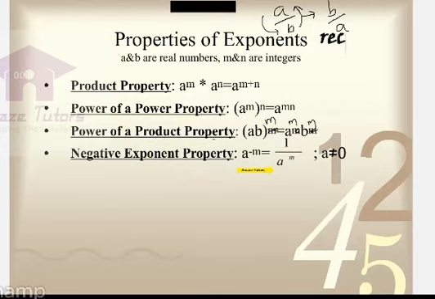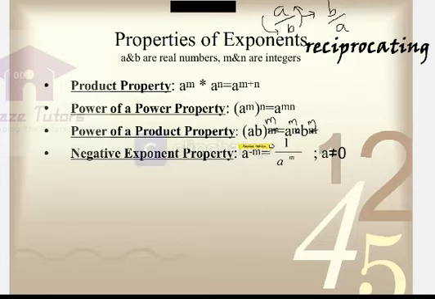Let me type the spelling for you. Whenever there is a negative exponent, if you want to make it a positive exponent, you need to reciprocate, or flip it around, b by a, upside down. In this case, a should not be equal to 0. That is the condition.